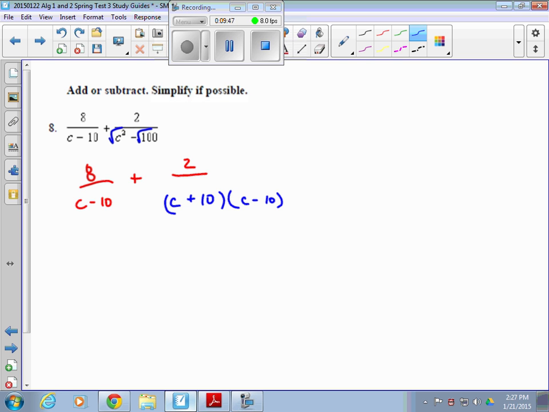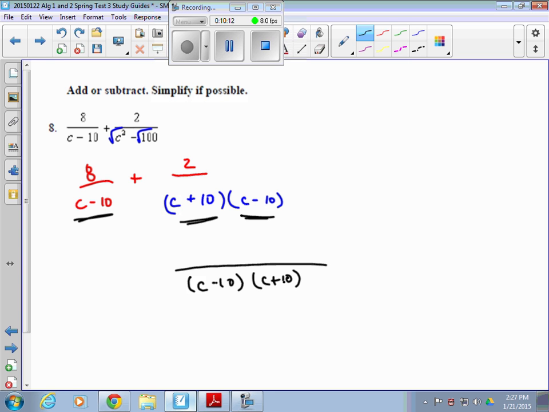So what you need to do with this one is you need to make sure that everything at the bottom of each of these fractions is represented. We need to make sure the denominator represents c minus 10 and what's in the other fraction, c plus 10. Notice c minus 10, we already have it represented. We don't have to write it again. So the denominator of this fraction is going to be c minus 10 times c plus 10.